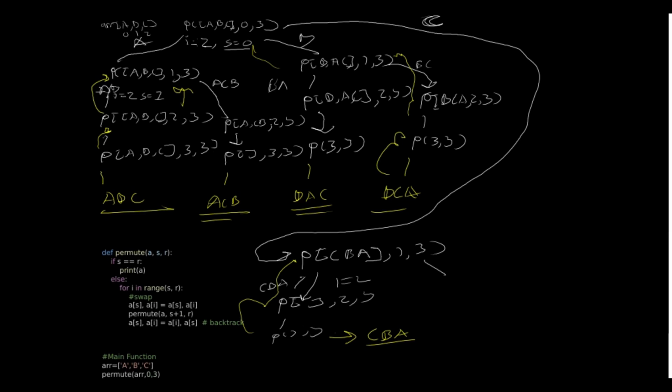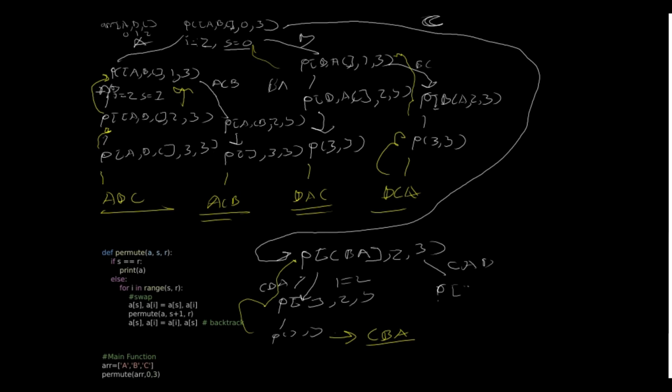And I here is now 2. Then we do a swap, so CAB, and we get our array.